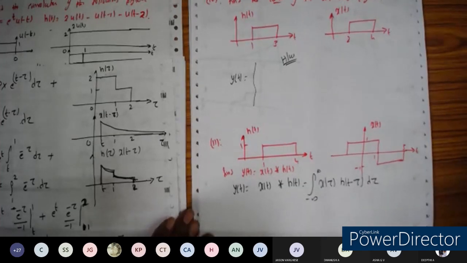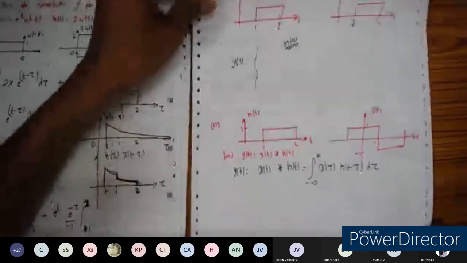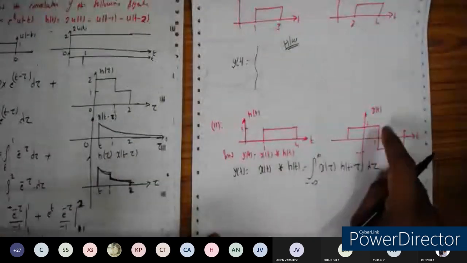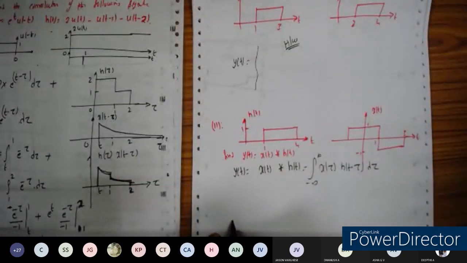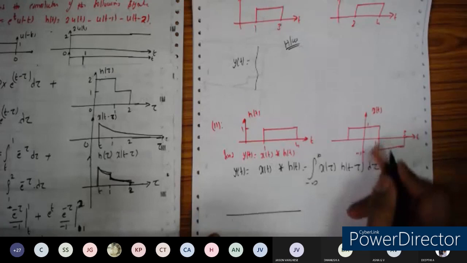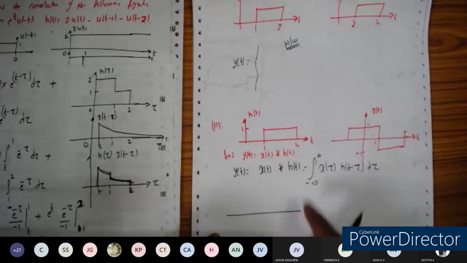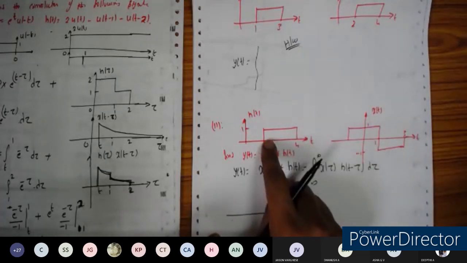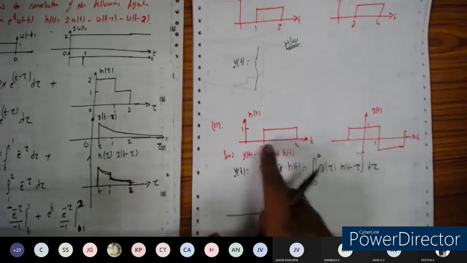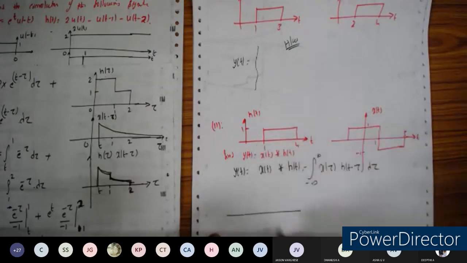Here we have x of t, we want x of tau, so we modify this as x of tau. And h of t is a, so we want h of t minus tau. First I'm going to make it h of t plus tau here.